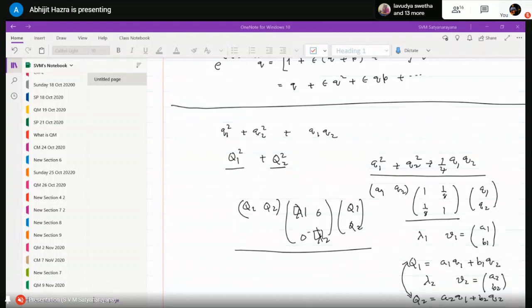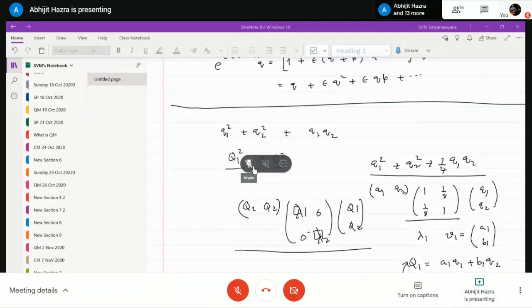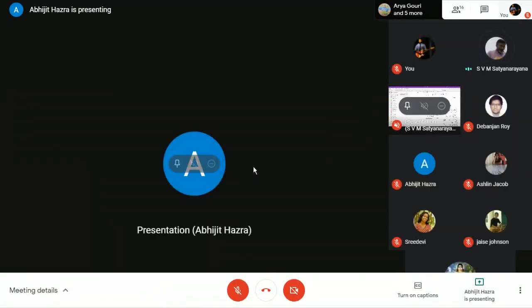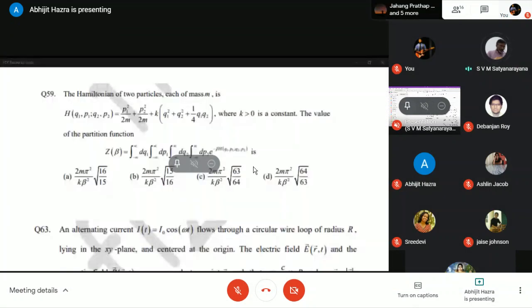So you have to get exactly that transformation, only then you can fix these values. One way to get it is what I have shown: you just look at the matrix. This is what you do in small oscillations, eigenvalues and eigenvectors.